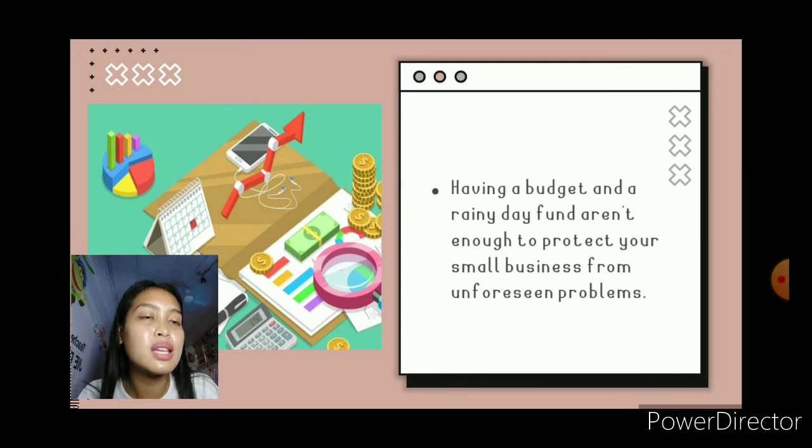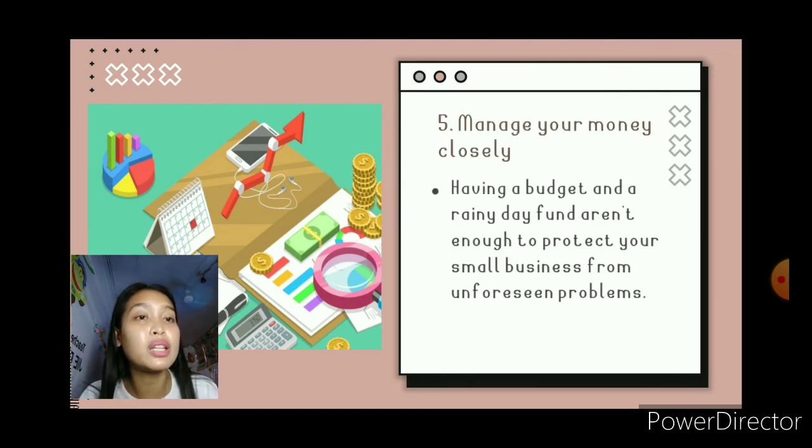Lastly is manage your money closely. Having a budget and a rainy day fund aren't enough to protect your small business from unseen problems. So companies also use this to prevent and reduce risk a company faces. So you need to set aside financial reserves to ease cash flow problems.